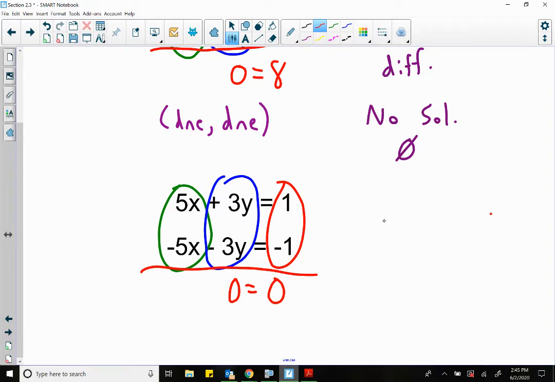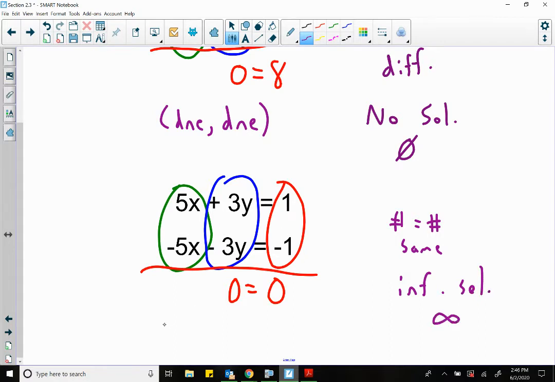So what does it mean if you have a number equal to a number and they are the same? You betcha. This is the infinite case. Infinite solutions.